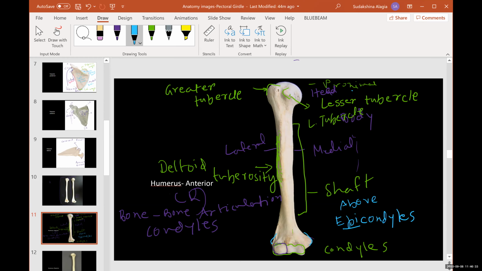How about this? And we already know that this is the medial, that's the lateral. Epicondyles are always named as medial epicondyle, lateral epicondyle. So what will my number one be? If you're giving it the name number one, what would we call this?